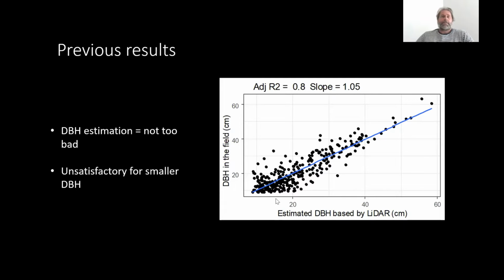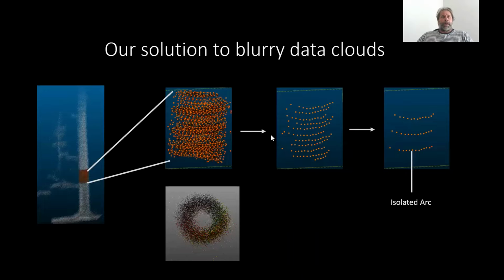You can see the relationship is not that bad, but for small trees it's really not good, because a 5 centimeter tree with LiDAR could in fact be a 20 or 25 centimeter tree in the field. So it's not very useful for further use. Our solution to that is, I think, quite simple.